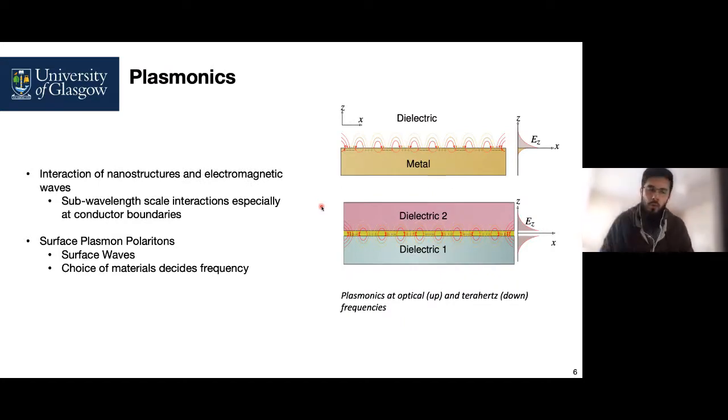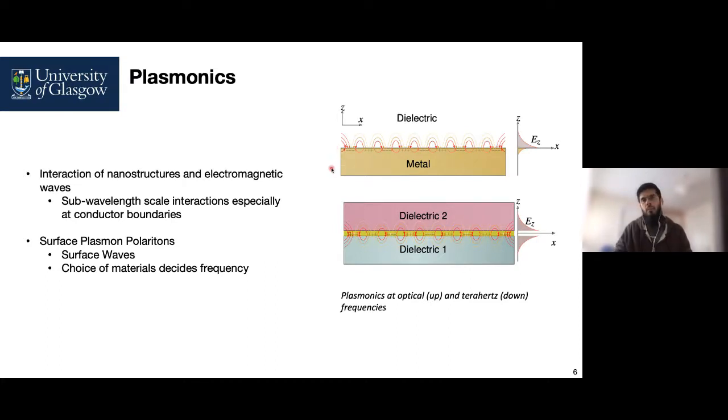Now, before we jump into the plasmonic based imaging techniques, I think it would be wise to have a small discussion about the field of plasmonics itself. This field developed in the last 20 or so years, and this was made possible by the advancements in fabrication techniques, which enabled us to interact with light as well as with matter in ways that were not possible before.